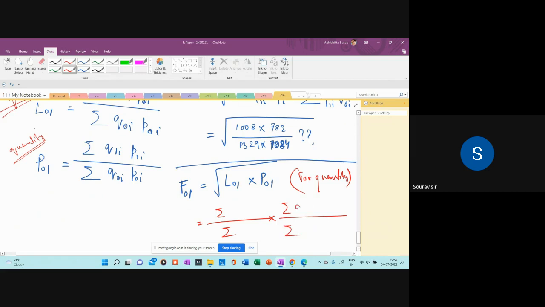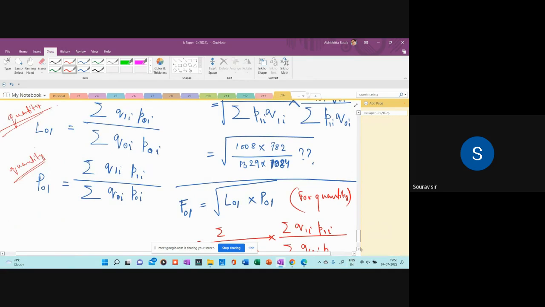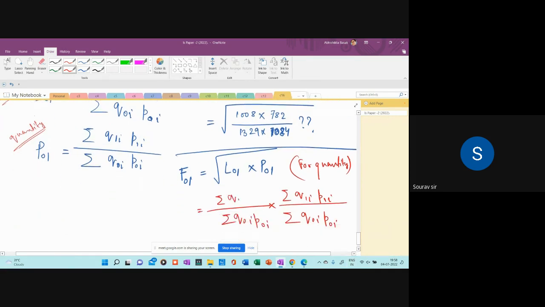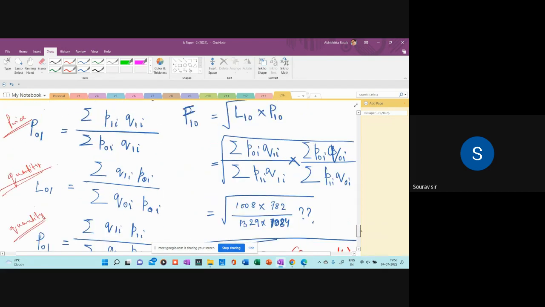That is Q1i P1i by Q naught i P naught i. This is Q naught i P naught i. Okay, so you can calculate this value, I guess, and then you are going to get the estimated value. Just put the values correctly because I am not putting the values correctly. I am not getting into this thing. Okay, I am just giving you the formulas.